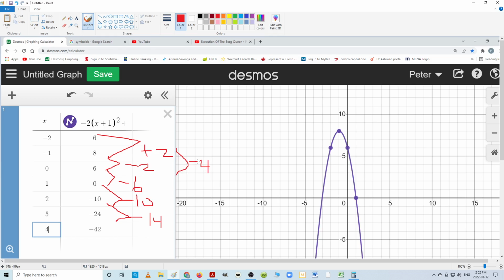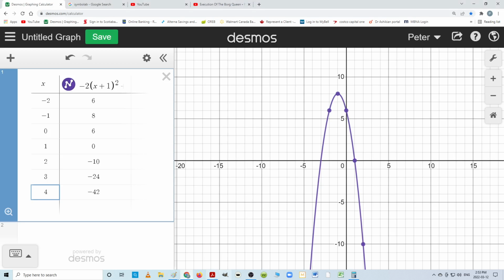Sorry, -4, -4, -4. Oh yeah, that should have been -4. So we can see the consistent second differences, and they're negative because it's going down each time.